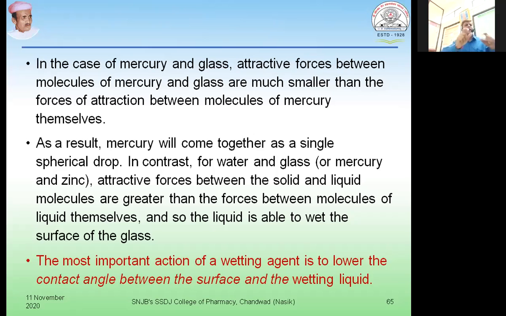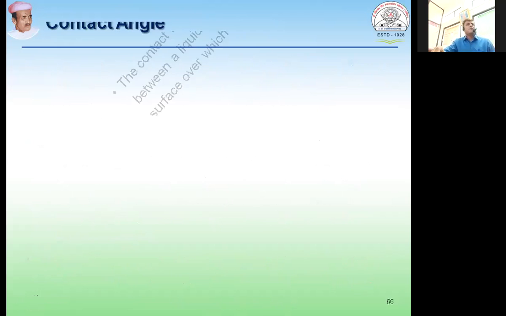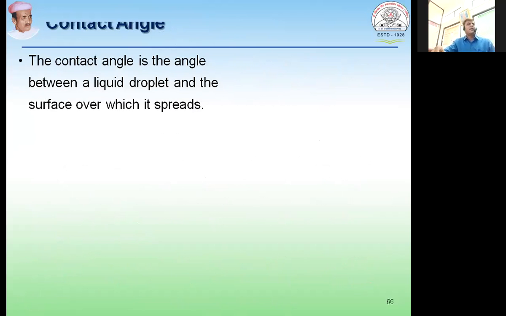So what is the work that surfactant does? They decrease the contact angle between the surface and the wetting liquid and lead to better interaction between those two. So what is contact angle?